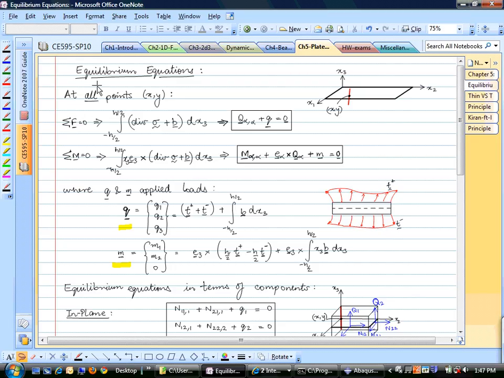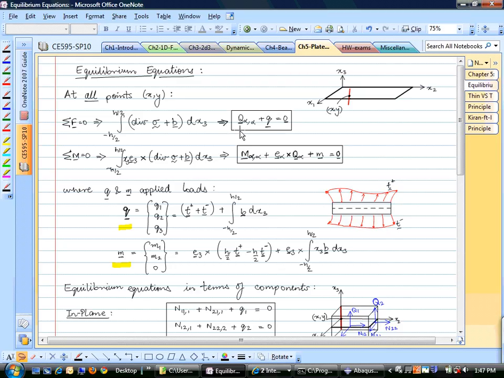And when we want to write an equilibrium equation for a general point xy, anywhere in this plate, if you write out the sum of forces by just integrating our equilibrium equation, this was our equilibrium equation div sigma plus b. You integrate that equation over the length of this needle, you are going to get this governing differential equation.